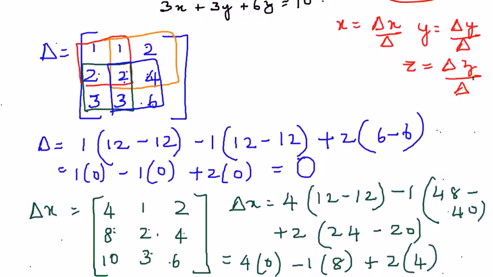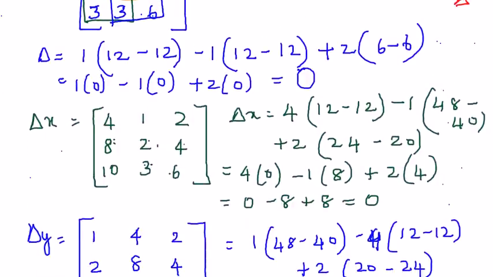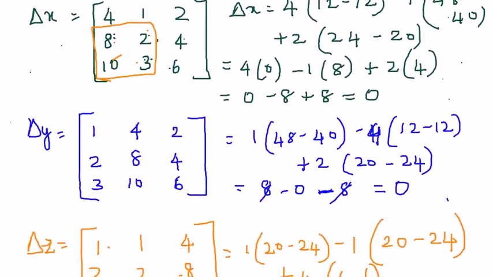But if you take a minor matrix within del x or del y, for example this square here, you don't get 0. This is 24 minus 20, which is not 0. Likewise for del y, if you take this one, 48 minus 40, it's not 0.